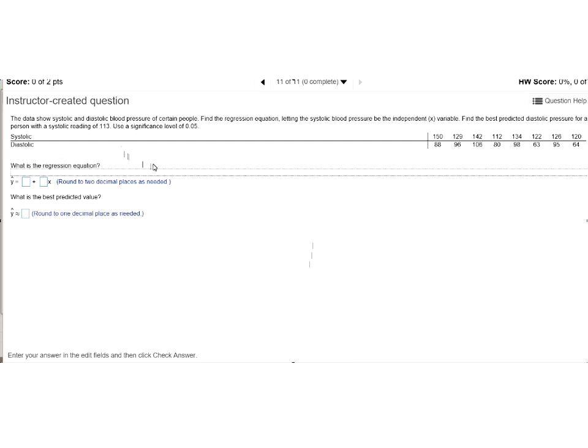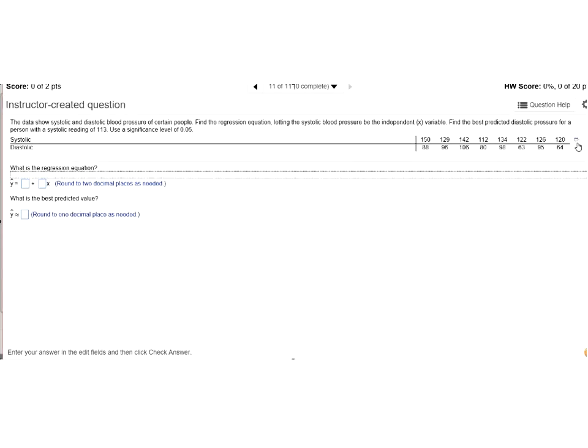So if you're looking at a problem like this, what you should be able to do, if they give you a data set in a table, is click on the little boxes at the upper right side of the table, and it should give you an option to open in StatCrunch.